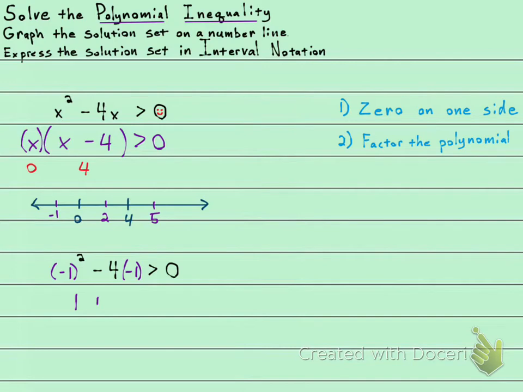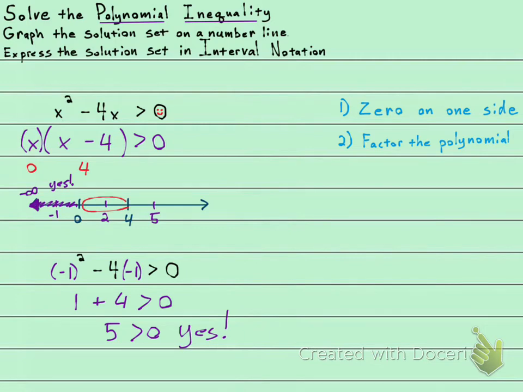Minus 4 times -1 is plus 4. And 1 plus 4 is 5. Is 5 greater than 0? Yes. So everything in this interval is going to be part of my solution. So everything from -infinity to 0.